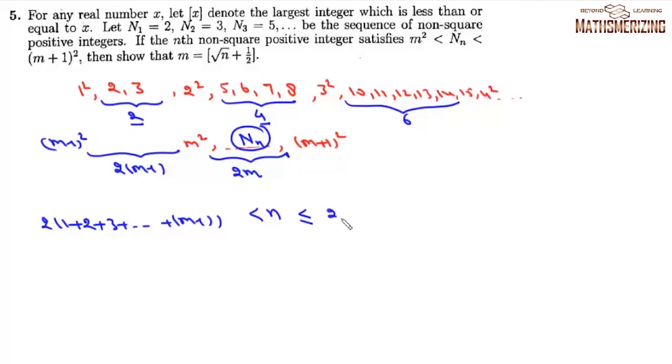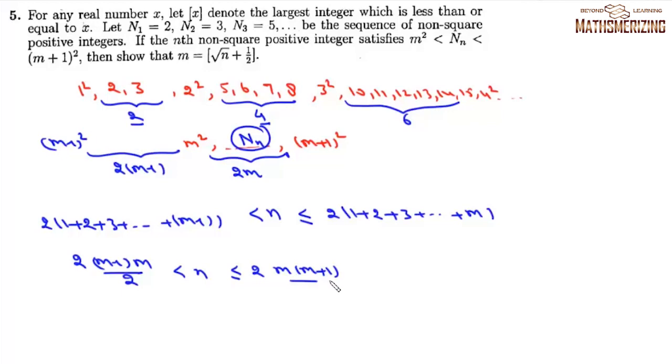So it will be 2 into (1 plus 2 plus 3 up to m). Now we can write this as 2 into (m minus 1) into m by 2 is less than n, which is less than or equal to 2 into m into (m plus 1) by 2.